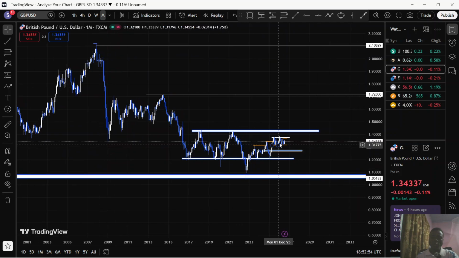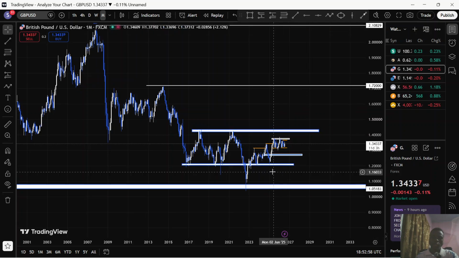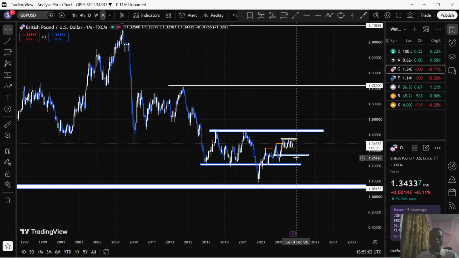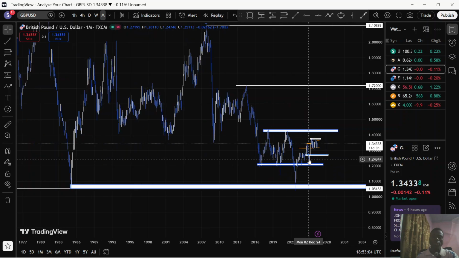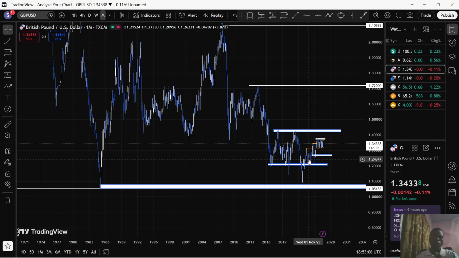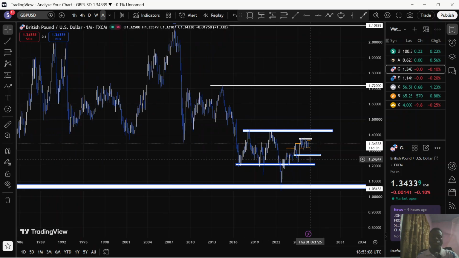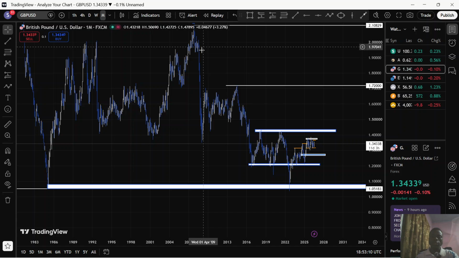The market reversed, but not completely. You can see this reversal happening on the lower time frames like the daily, and you'll be convinced that the market is somehow bullish. Not yet. You can't say the market is bullish because this downward trend still holds. This bearish trend still holds.